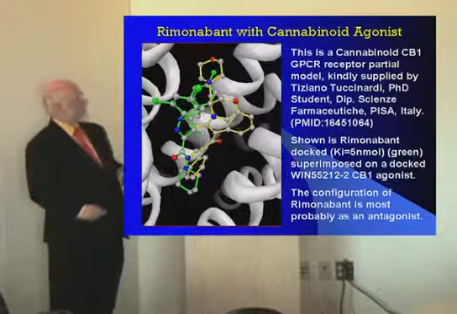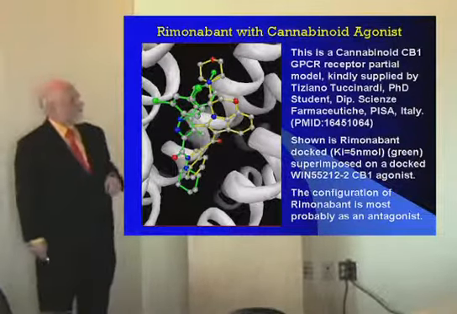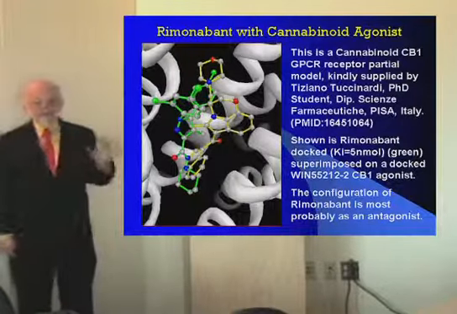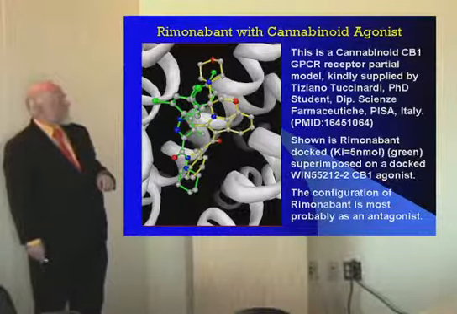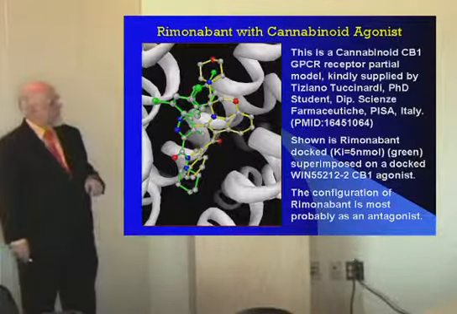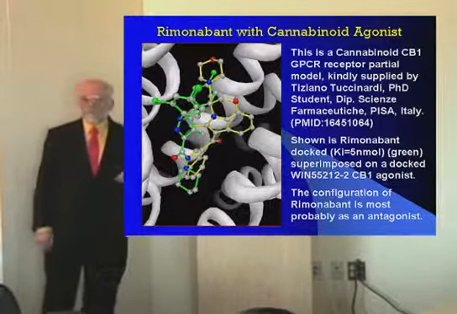You can see that they're not lying in the same general location. They act on different residues, and rimonabant is an antagonist, exactly as is stated in the press release from Reuters. Except that the interesting thing is that it has about the same affinity for this receptor as it has for the PPARs.